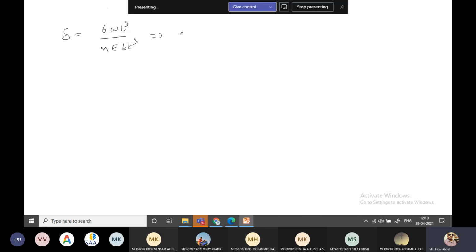How much is the deflection given in the question? 80 equals 6 into 17500 into 500 cube, by N value given as 10, E value given as 200 into 10 cube, BT cube we don't know. Now get the value of BT cube. This is the second equation.